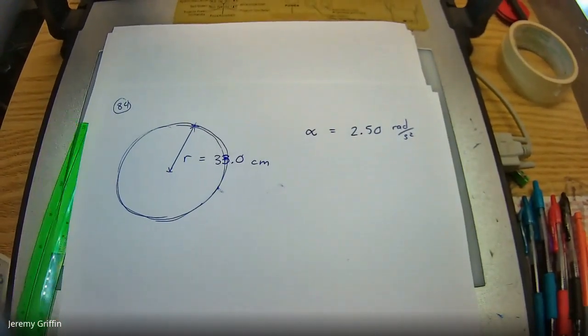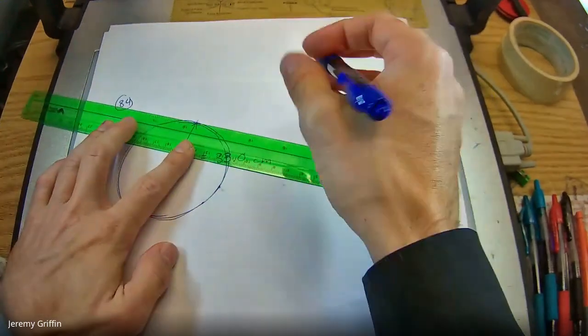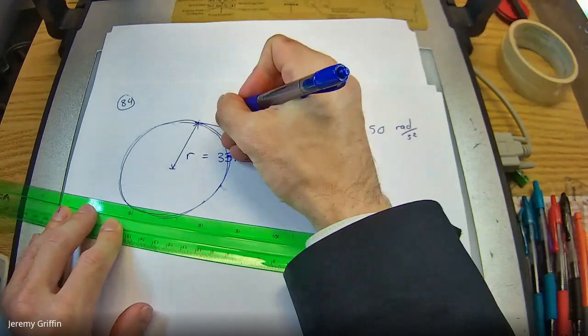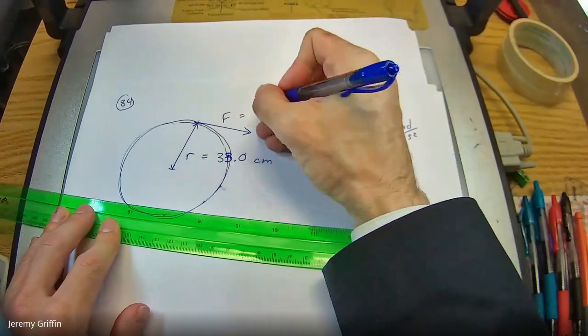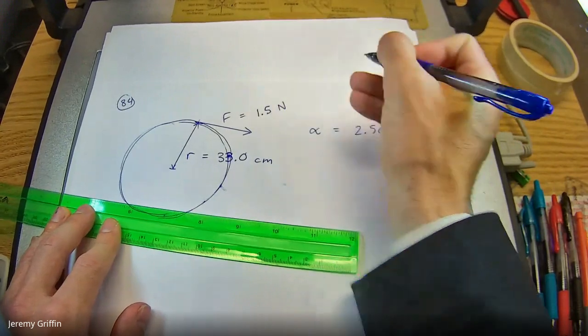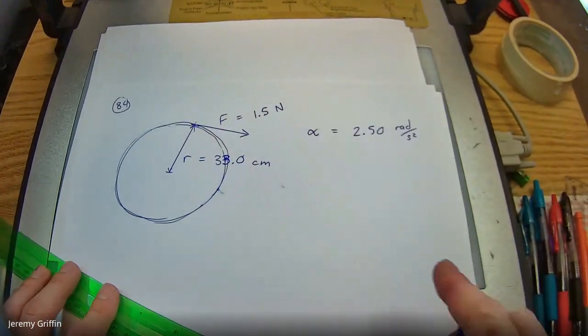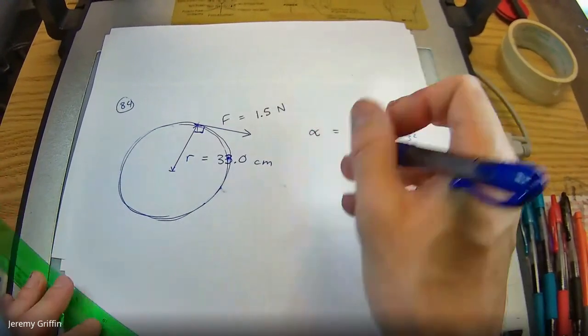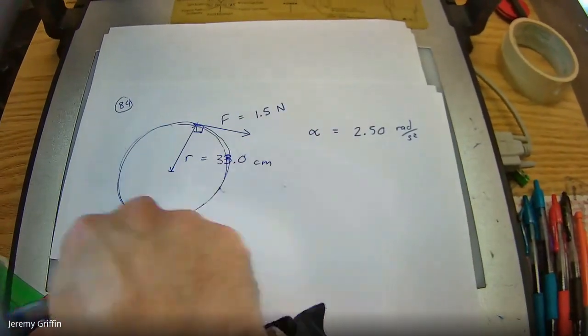Because there's a force applied at the edge of the wheel, you have a force of maybe 1.5 newtons, something like that. So just making up some numbers. Here we go. Okay. Now let's say that these are at right angles to each other, like that. This is speeding up spinning.